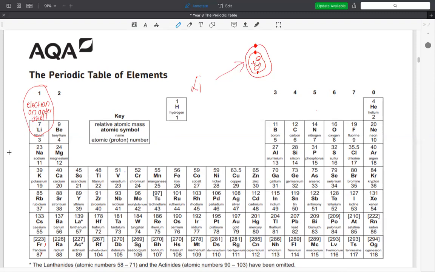And then having a look at group 2 in a similar way. Group 2 elements will have 2 electrons on their outer shell. So if we take beryllium for an example, Be, again, it's going to have the nucleus with the positive protons and neutrons.